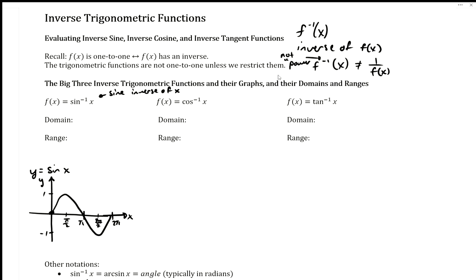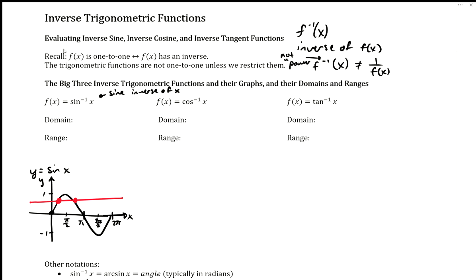Just real quick, even if we haven't studied the sketches yet, we're going to use this for a quick second. It goes back to our rules for algebra. An inverse has to be able to only cross the graph once horizontally. If I draw any horizontal line, it should only cross once. Well, with the sine function, that's not going to happen.